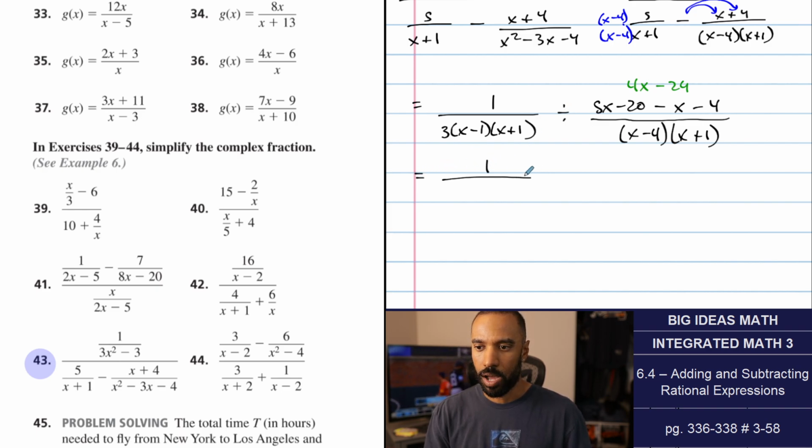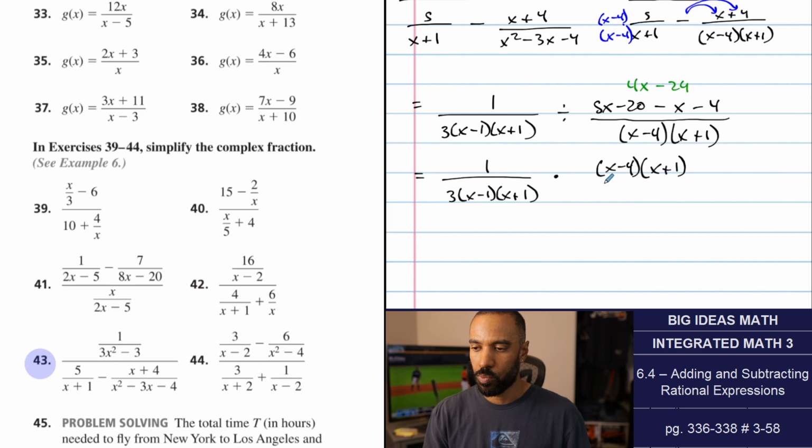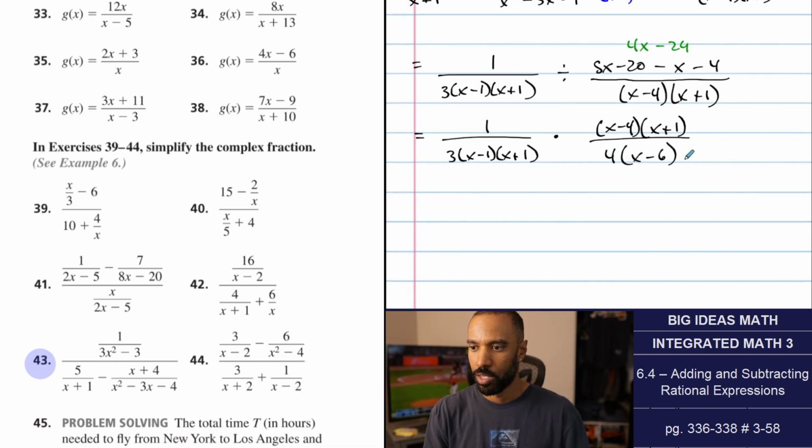We have 1 over 3 times x minus 1 times x plus 1. And on the flip, we're going to have x minus 4 here, x plus 1 here, and when you factor a 4 out, you get x minus 6 there. So, not much cancels to my knowledge here. The x plus 1s go away.